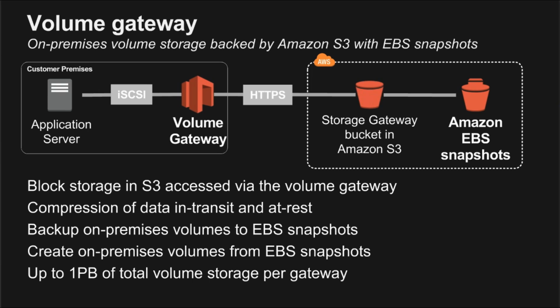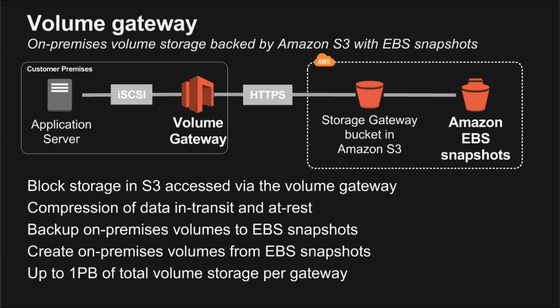One is you can assign it and give it to a workload that's running in EC2 as a native volume, as an EBS volume. So this is a way that you can migrate data from on-premises into AWS and have it show up as an EBS volume that you can connect directly to a workload running inside of EC2. Of course, you could also use those snapshots for backup or even disaster recovery purposes.